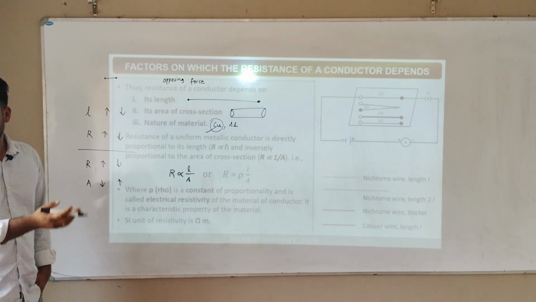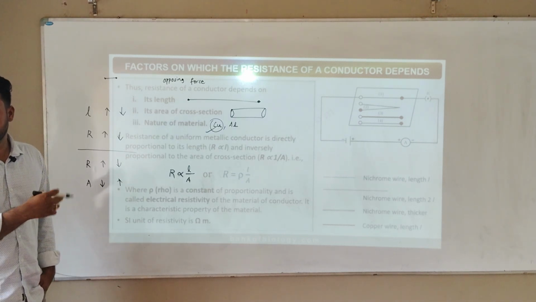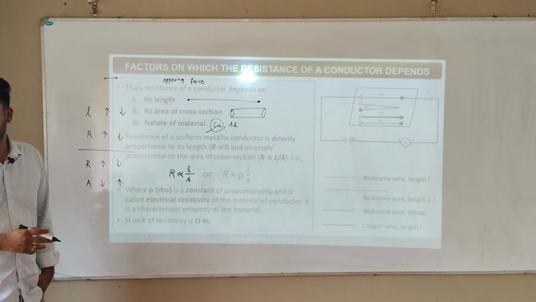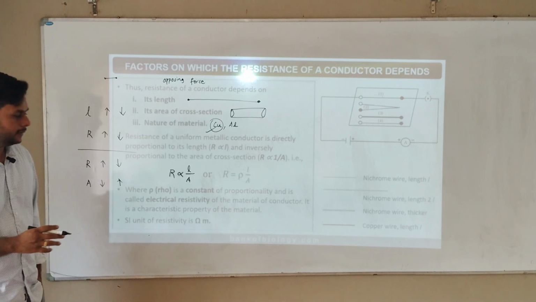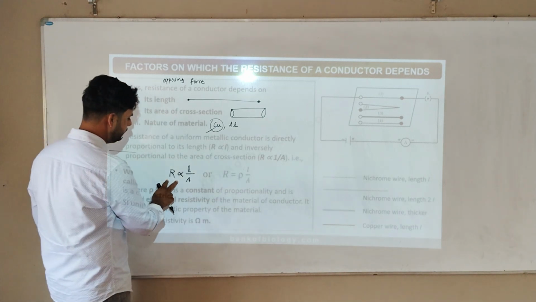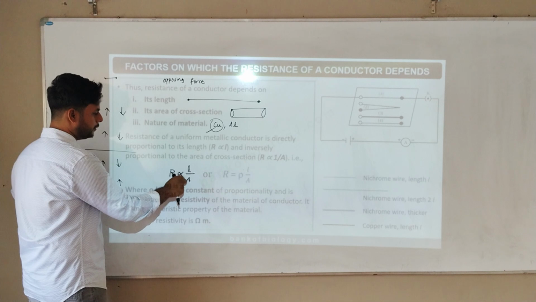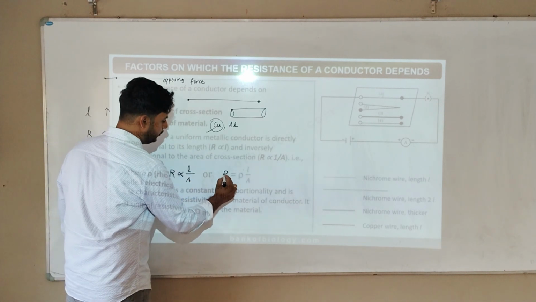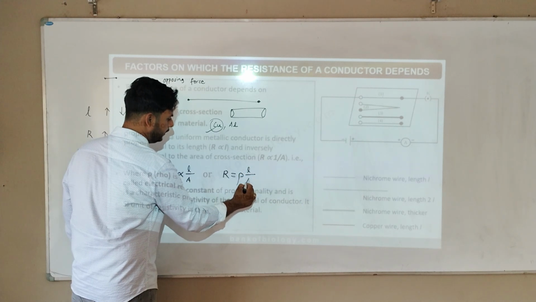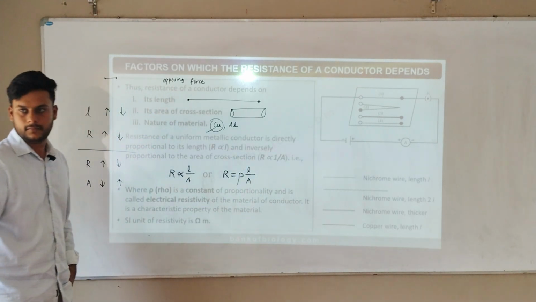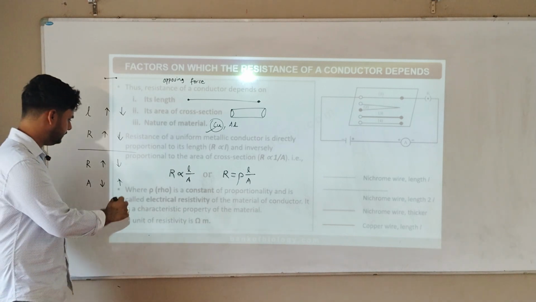Any doubts? Okay, next. So we get a formula: R is proportional to L by A, so R is equal to rho, resistivity, length upon area.